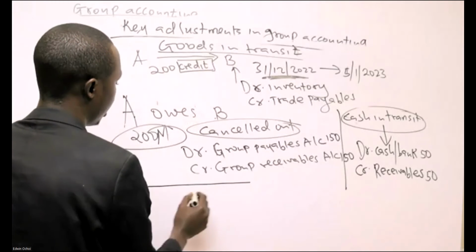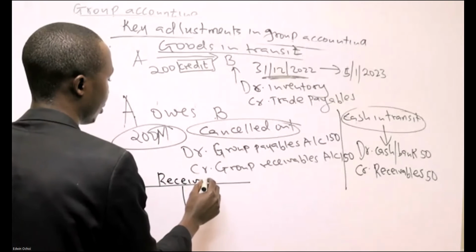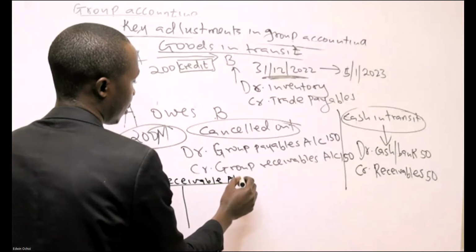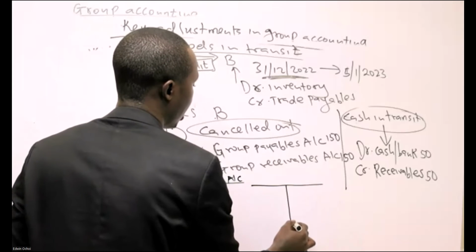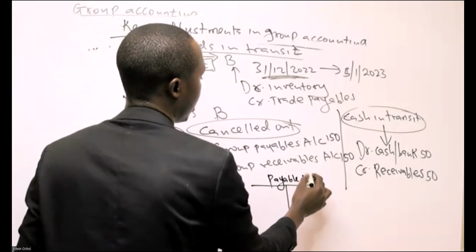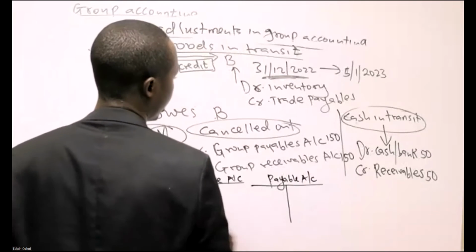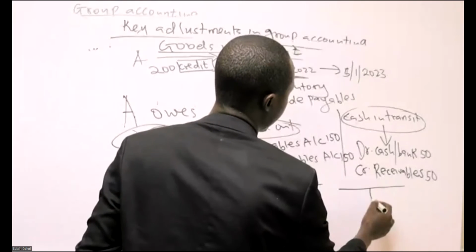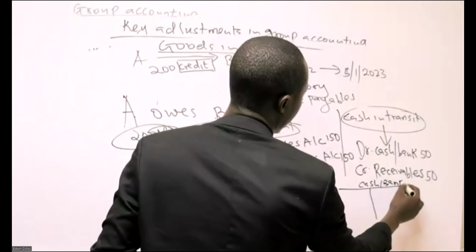if I was to open the first account be my receivable account, the second account be my payable account, the third account, let's say it was cash, due to cash in transit, cash or bank account.